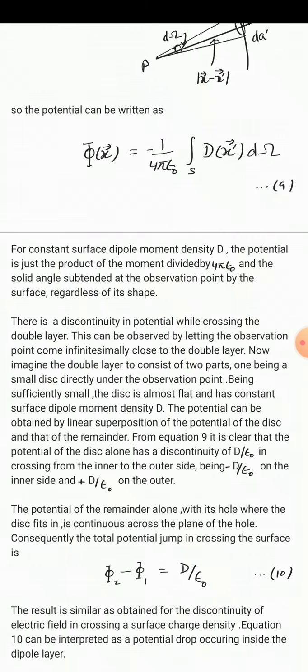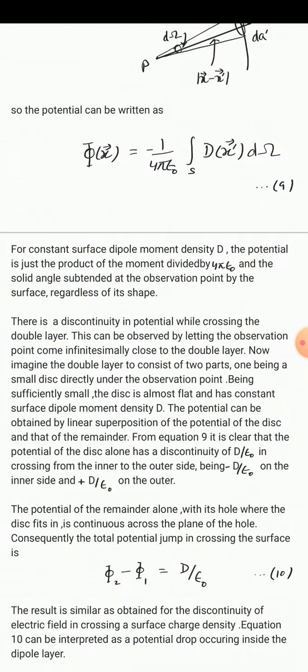Which is minus D by epsilon naught on the inner side and plus D by epsilon naught on the outer side. Hence the potential of the remainder alone, with its hole where the disk fits in, is continuous across the plane of the hole.